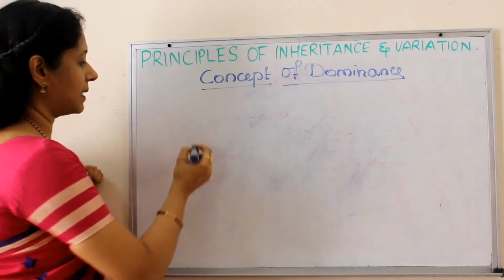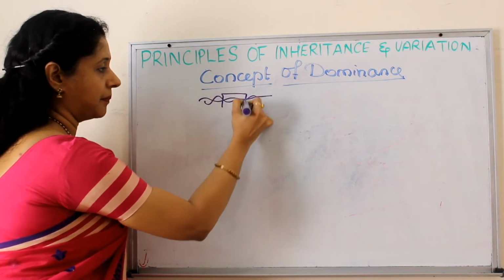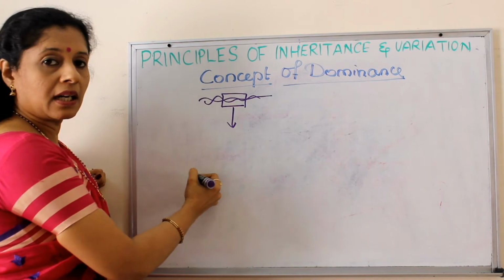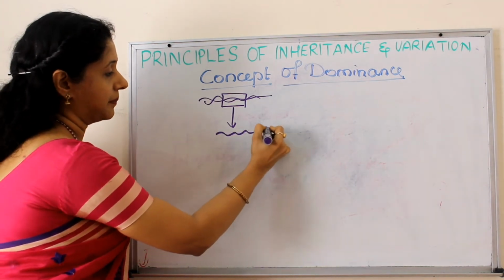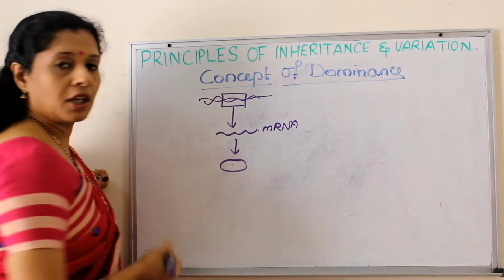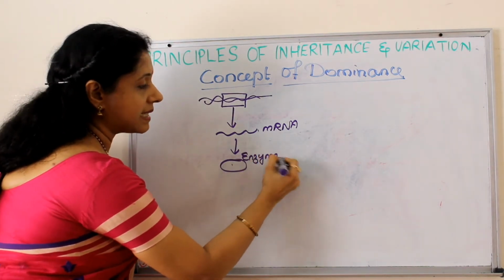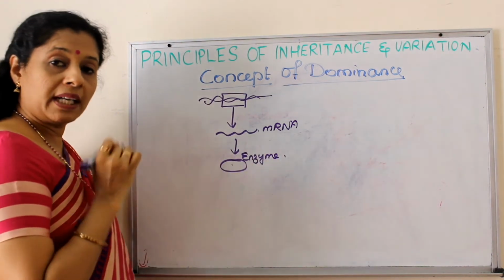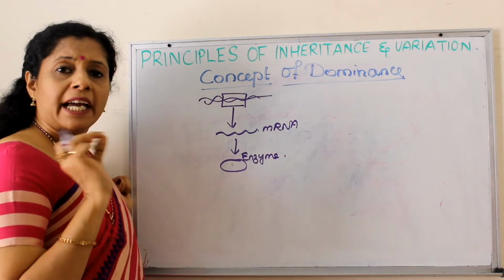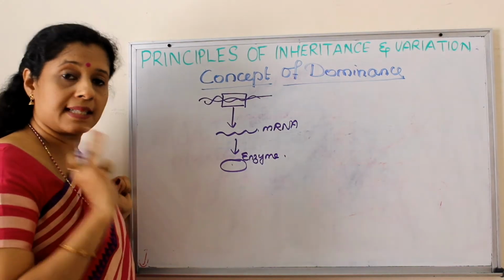So, what actually happens is, a gene present on the DNA, through the central dogma, will become mRNA and then protein. Proteins can be an enzyme which is catalyzing a reaction. So in our body or a living system, every single reaction needs a biological catalyst called an enzyme.